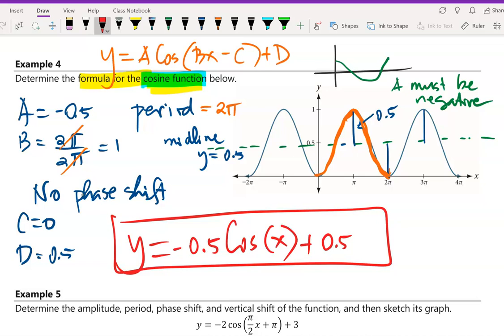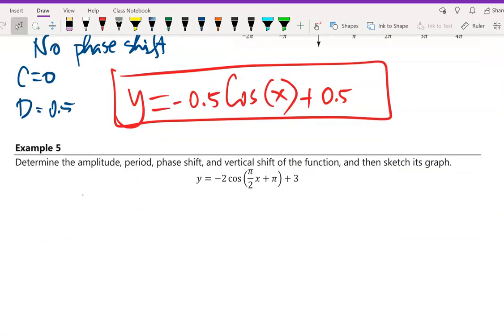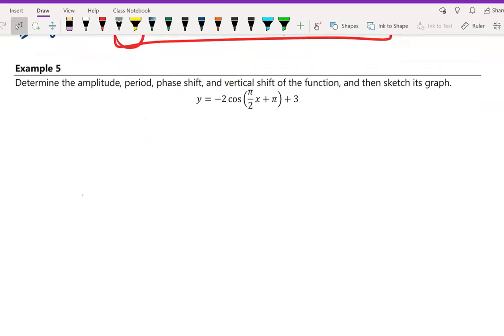Alright, let's try example number 5. Determine the amplitude, period, phase shift, and vertical shift of the function, and then sketch its graph. So this is the given: y equals negative 2 cosine of (pi over 2 times (x plus pi)) plus 3.